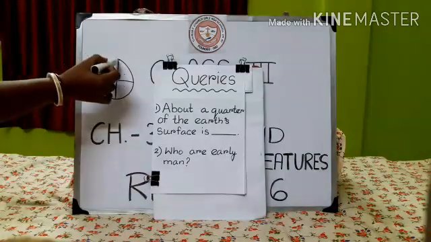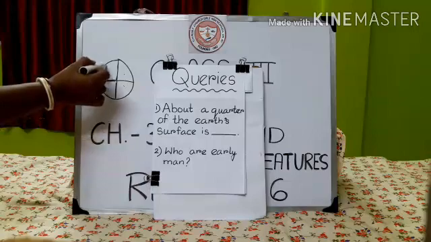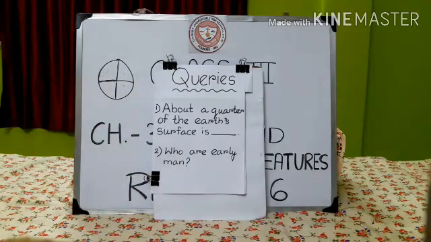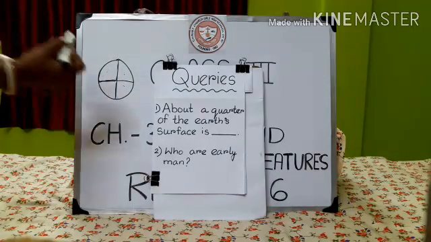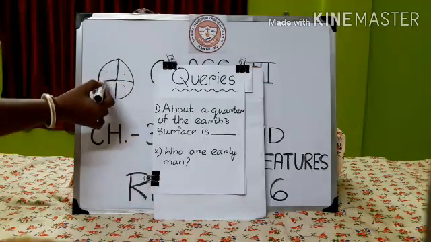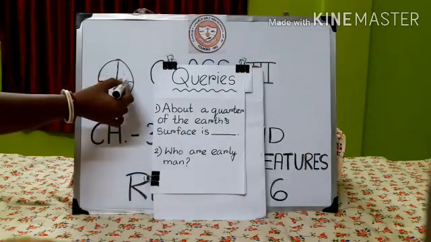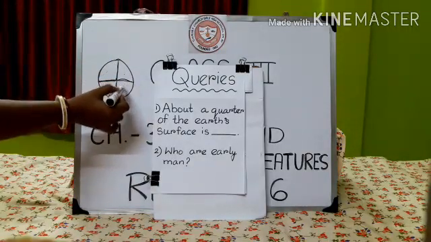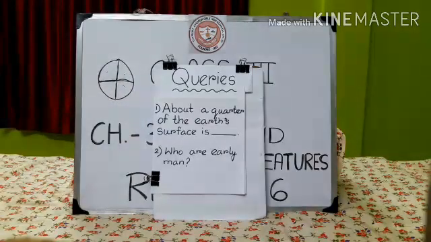Each part is known as a quarter. So the 1st quarter, the 2nd quarter and the 3rd quarter are water, and only 1 quarter is land.